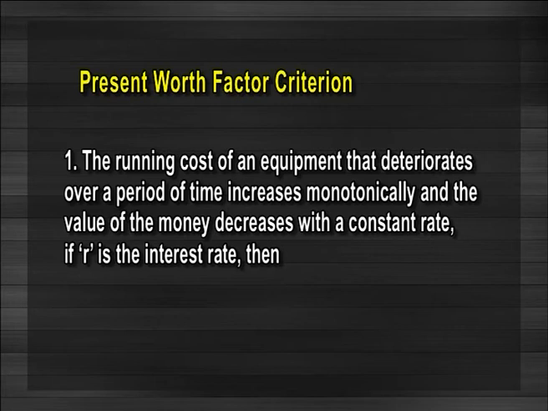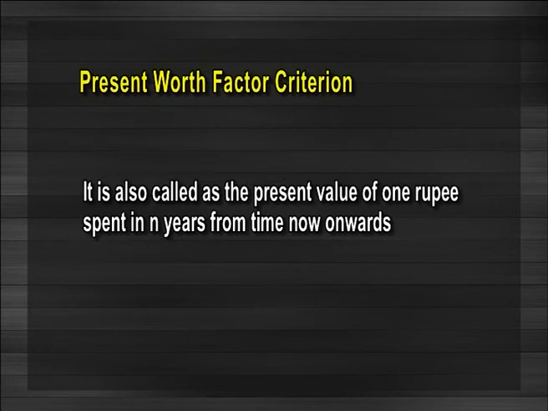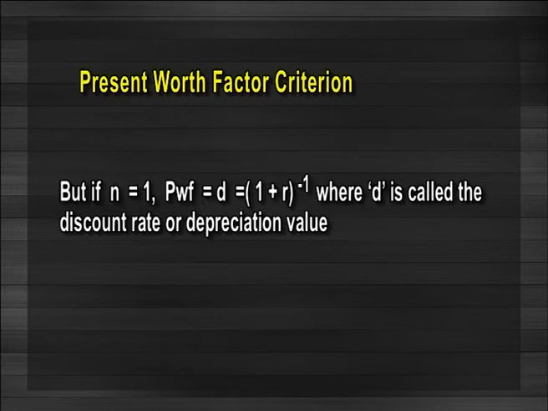If R is the interest rate, then present worth factor PWF is equal to (1 plus R) to the power of minus n. It is also called the present value of 1 rupee spent in n years from now onwards. But if n is equal to 1, the present worth factor is given by D is equal to (1 plus R) to the power of minus 1, where D is called the discount rate or depreciation value.